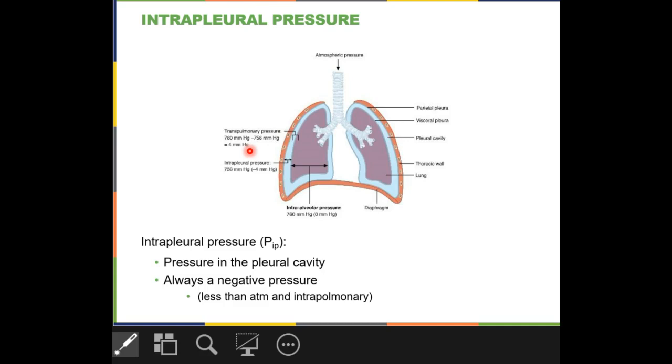Books sometimes refer to it as a negative pressure. The number, if you were to measure it, is not negative, but it is always less than your atmospheric and your intrapulmonary pressure. Most importantly, it's lower than your intrapulmonary pressure.